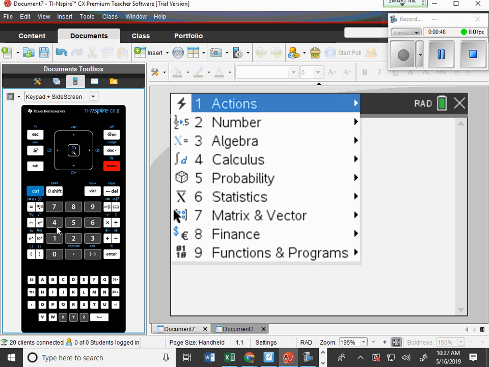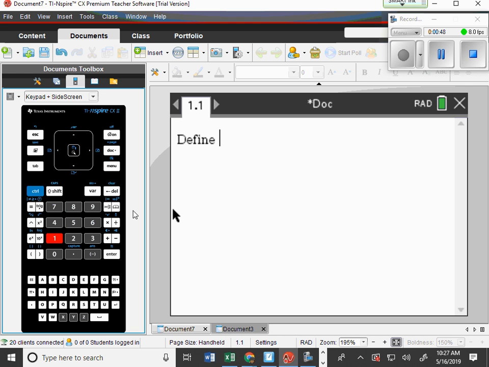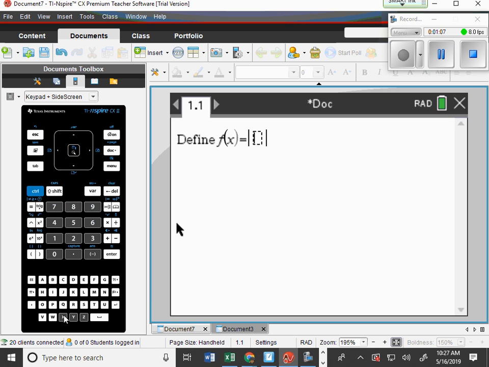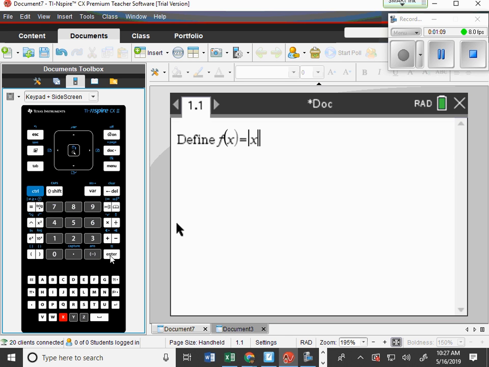So I'm going to go menu 1 1, and I'm going to define f of x as the absolute value of x. I'm just using a weird function. And we'll just press enter. We can change it to anything that we want.